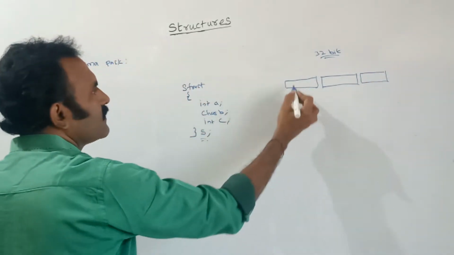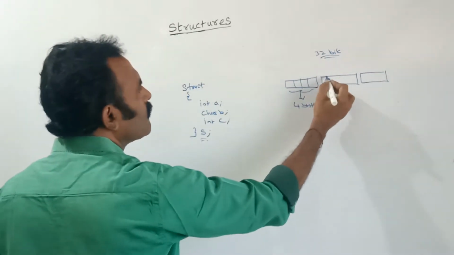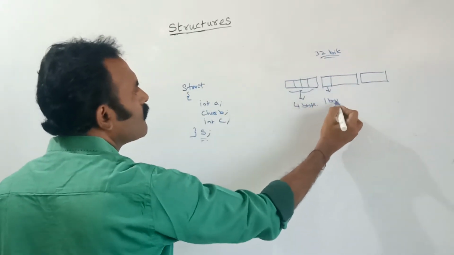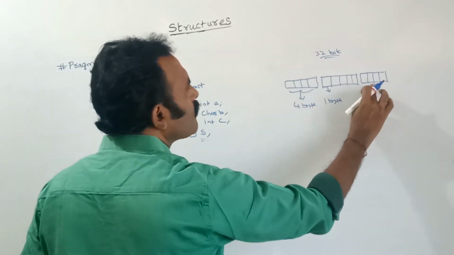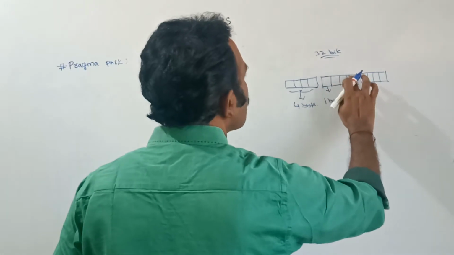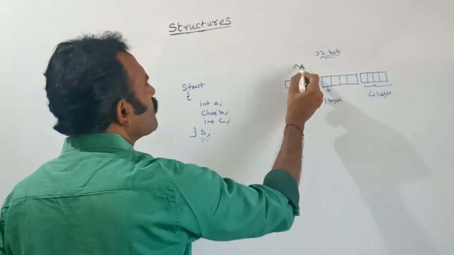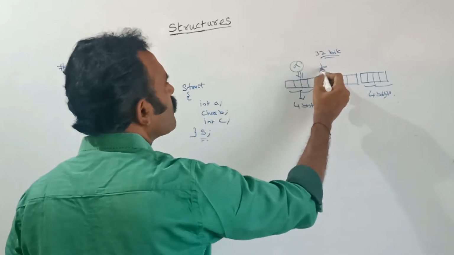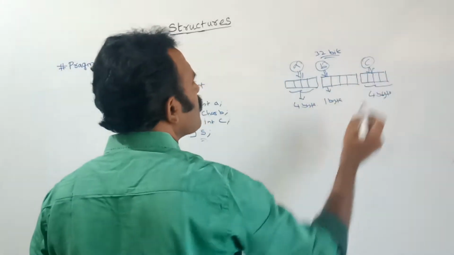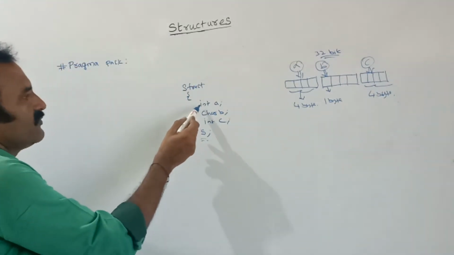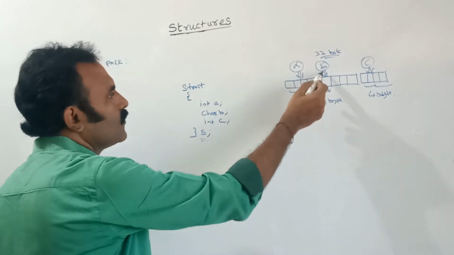See here, first, for integer, an integer variable takes 4 byte, a character variable 1 byte.